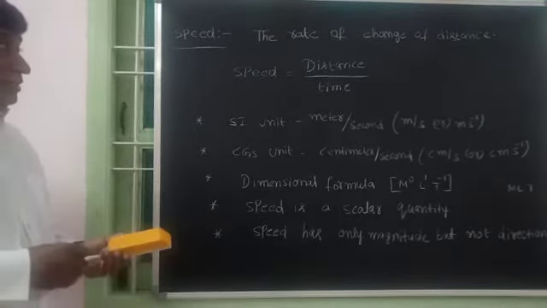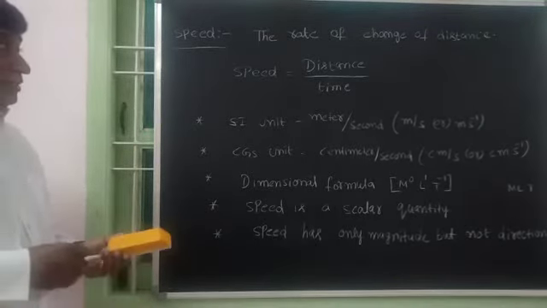The name itself is average speed, which is total distance by total time. The definition is: it is the ratio of the total distance to the total time taken between two points. So in such a case we get average speed.